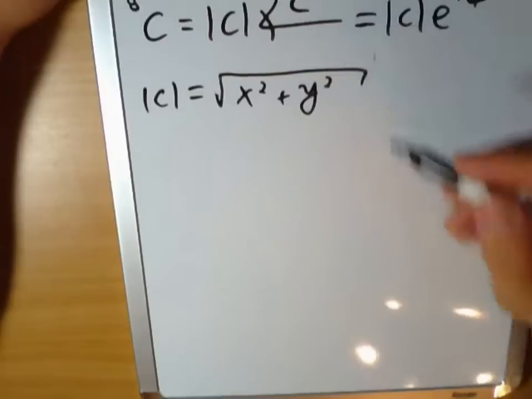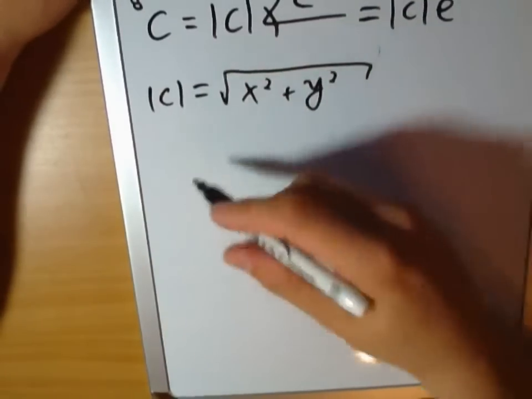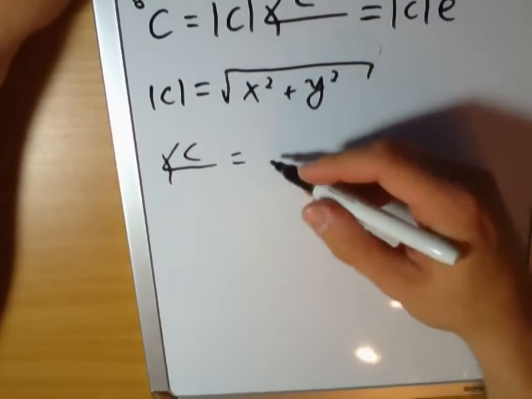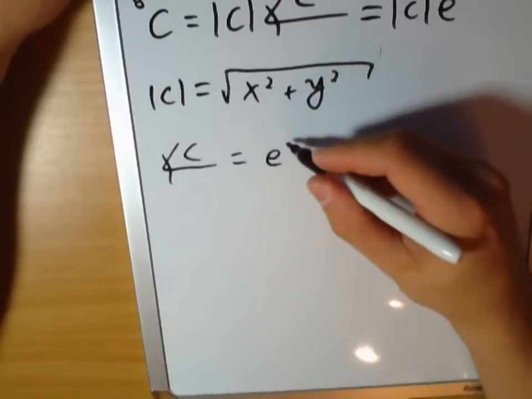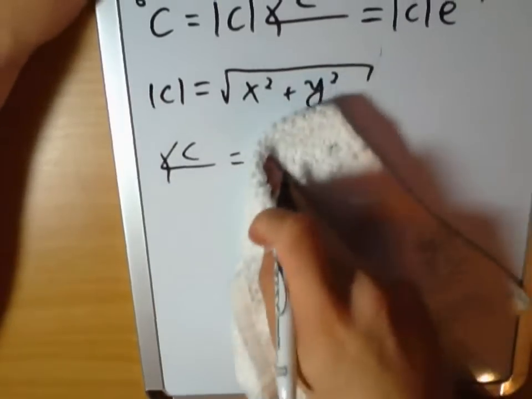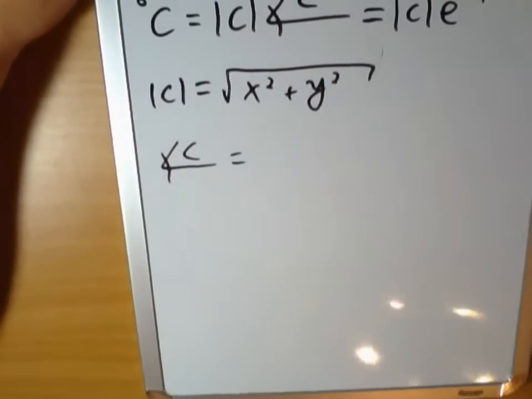And the angle C comes from what's equal to is angle C is equal to e to the i... Oh, it's not equal to e to the i.